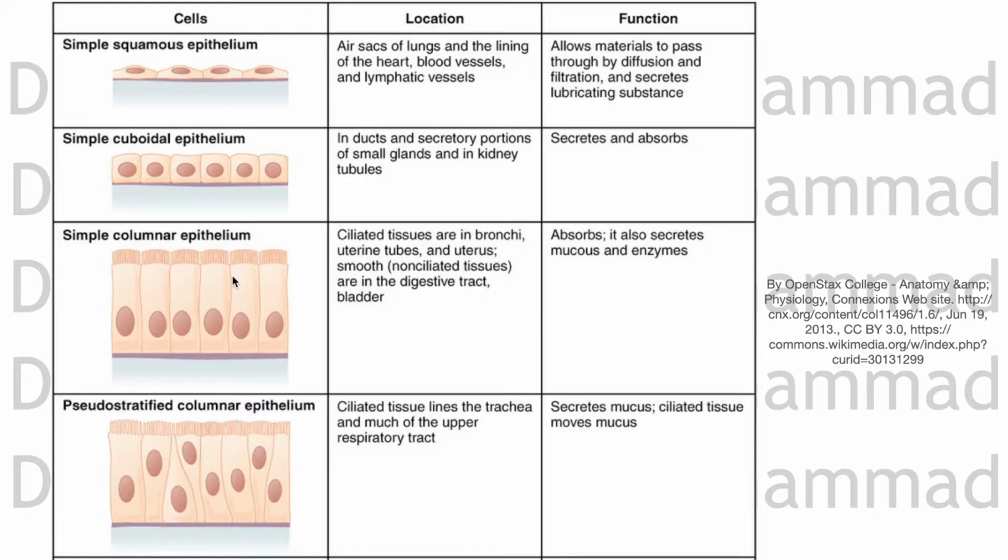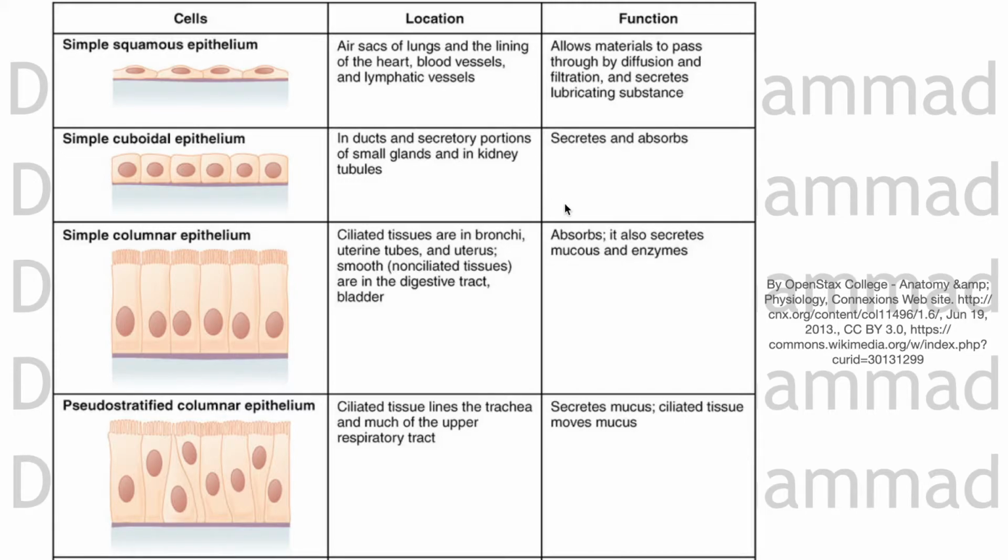This is to show you the different types of epithelium and their location and function. For example, the simple squamous epithelium is found in the lungs, air sacs, lining the heart, blood vessels, and lymphatic vessels, and it allows material to pass through by diffusion. Simple cuboidal epithelium, you can find it in small glands and in the kidney.